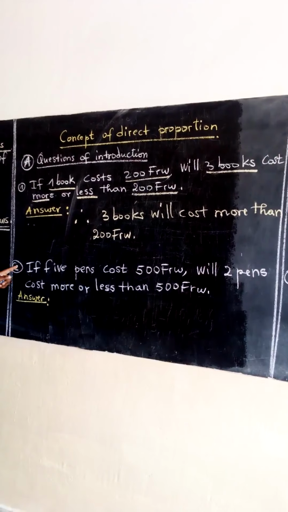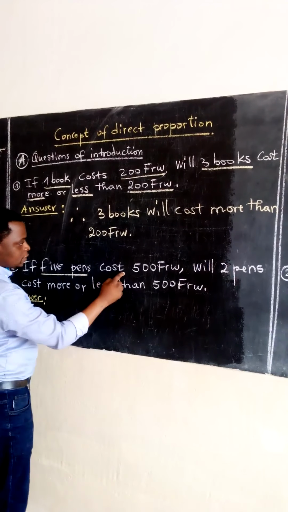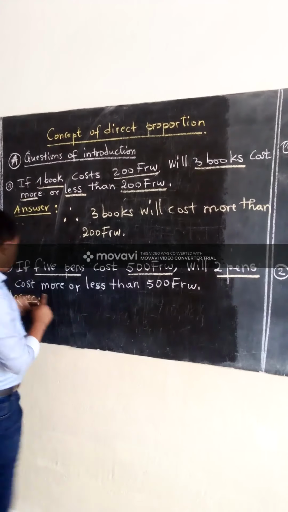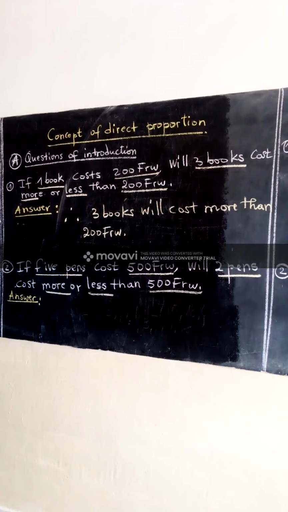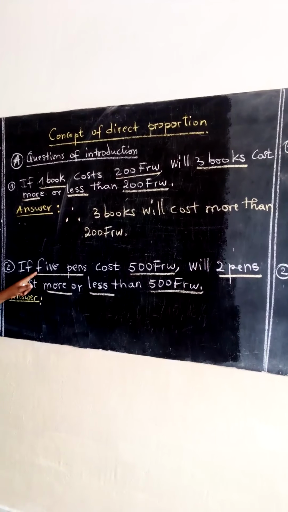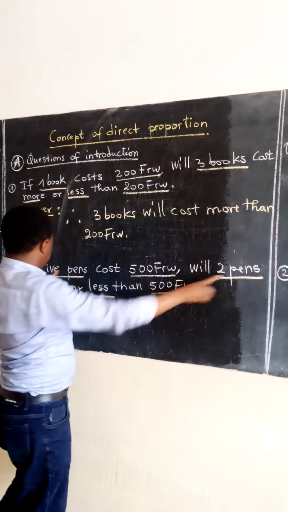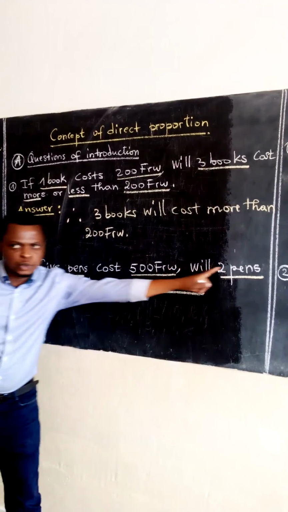Let's see the question number 2. If 5 pens cost 500 francs, will 2 pens cost more or less than 500 francs? Here also it is clear. As you can see, we have 5 pens and 2 pens. The number of pens is decreasing from 5 to 2.